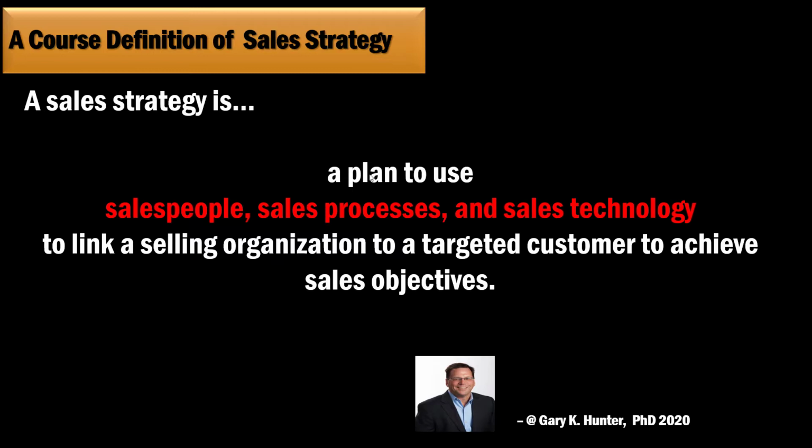Sometimes we might call it a target market, so it may be multiple customers of the same type, depending on the level we are in the organization, and to that targeted customer or target market we'll assign some different sales objectives. So the strategy is how we're going to use people, processes, and technology to link our organization to that targeted customer.